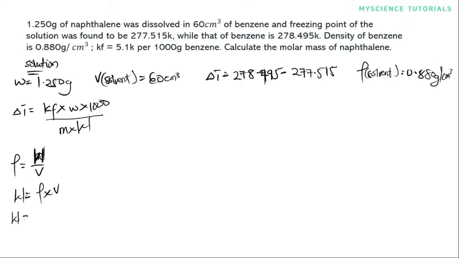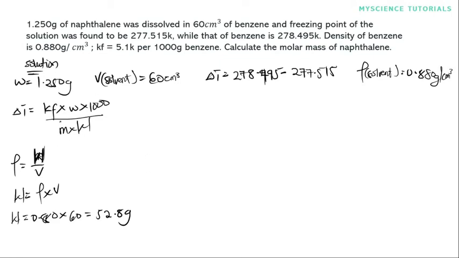So our mass of the solvent is density, which is 0.880, multiplied by the volume, which is 60 cm³. So we multiply that by 60, we are going to get 52.8 grams.